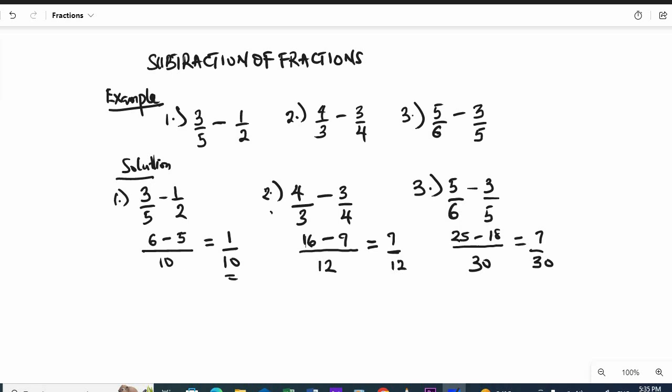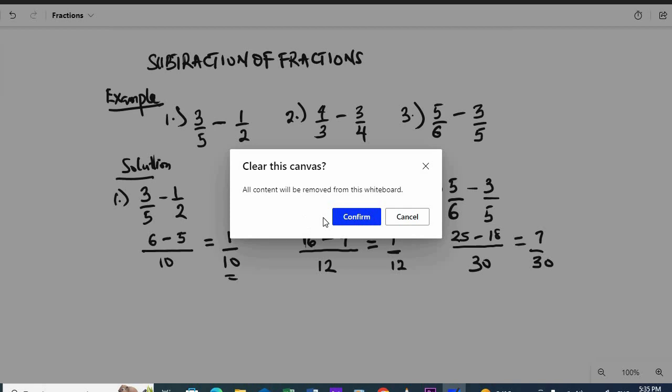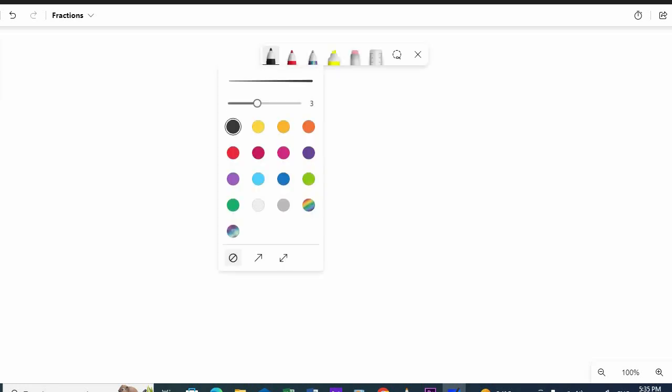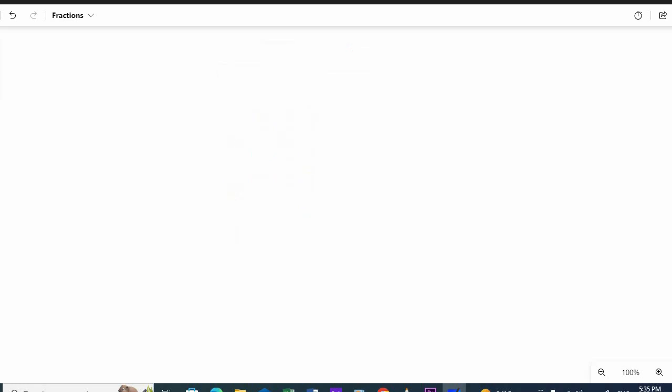Now, imagine if we had a question where we had mixed numbers and were to add and subtract mixed numbers. Right? How would we do that? Well, that's pretty easy. All you need to do is convert them to single fractions and then do the addition and subtraction straight away.